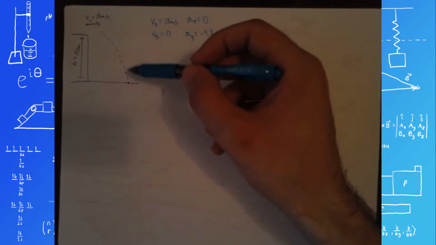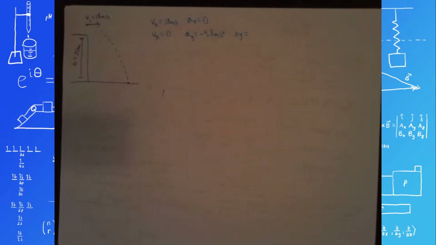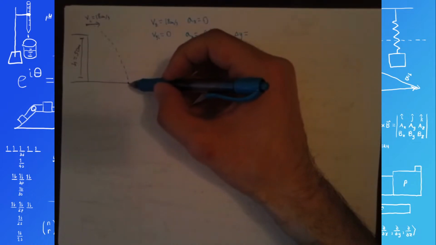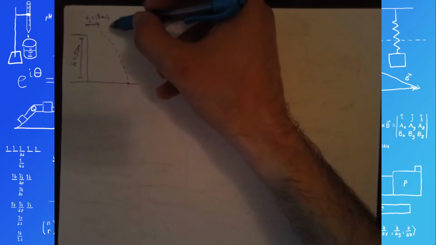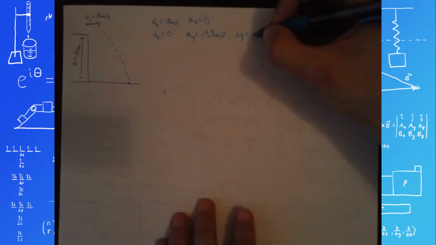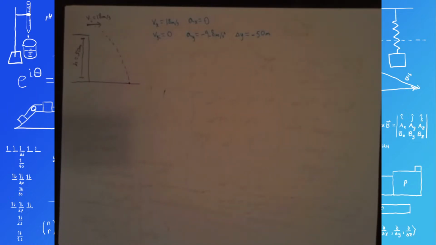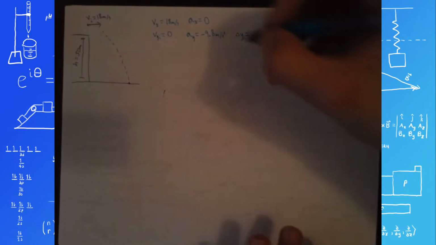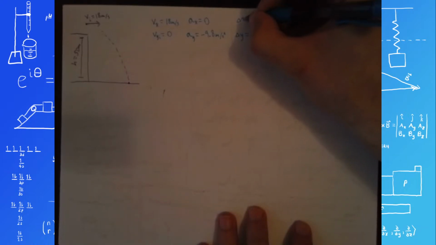Final position vertical minus initial position vertical, from height 0 minus height 50. That's negative 50 meters. We will stick to down as being negative as our default unless we have good reason to deviate from that. And we don't know delta x. That's actually a bonus question that I'm going to ask. What is delta x?